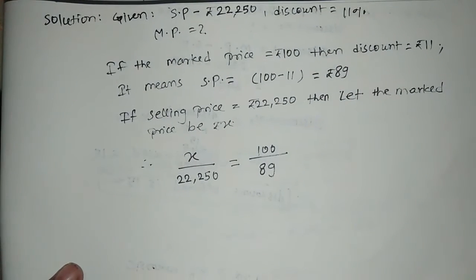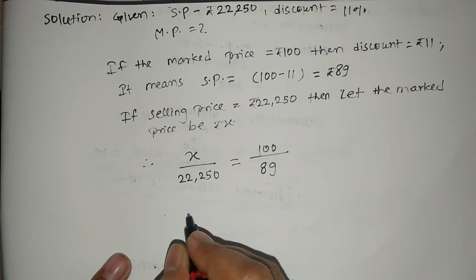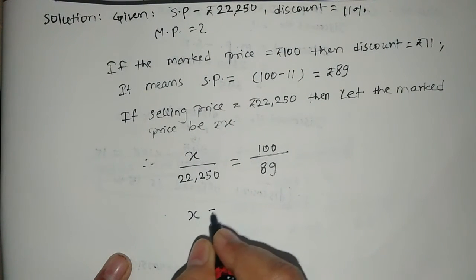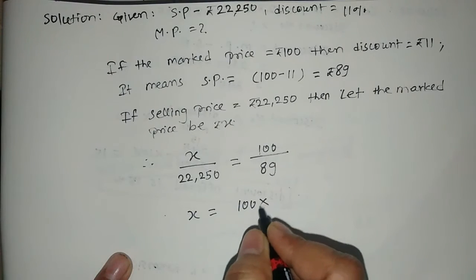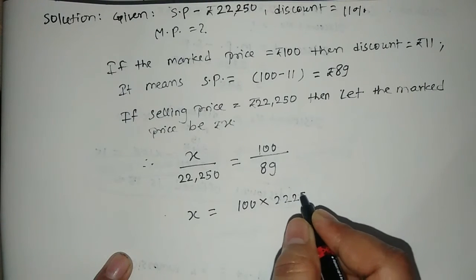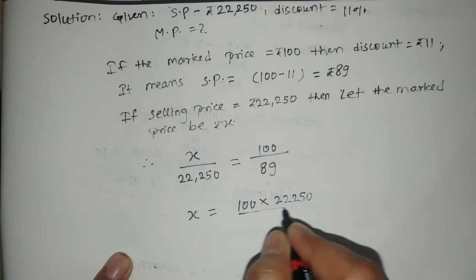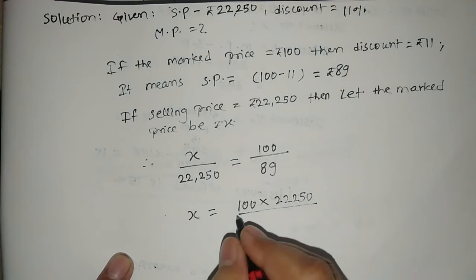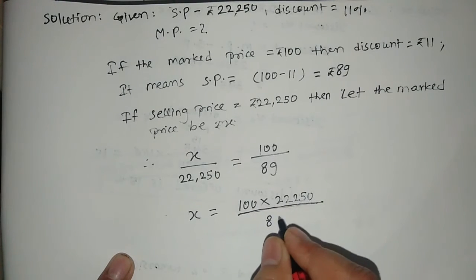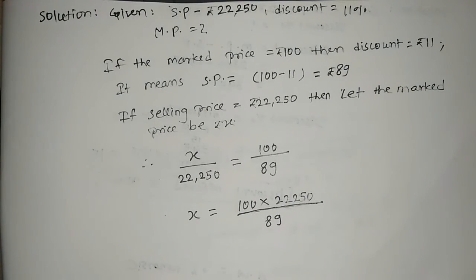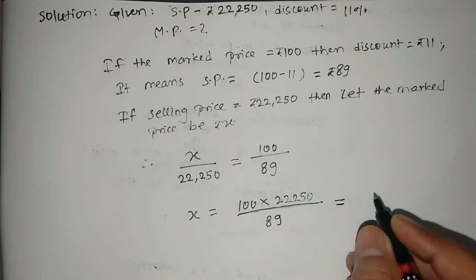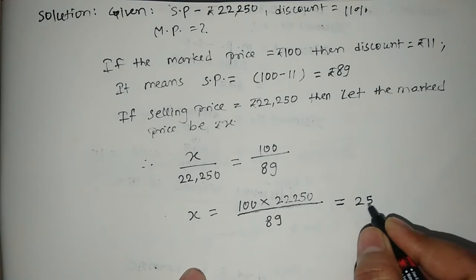Now solve it. Therefore X is equal to 100 multiplied by 22,250 upon 89. So if we solve this, then we get 25,000.